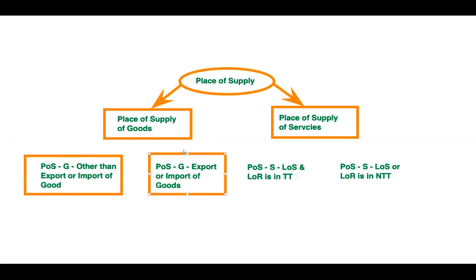So it's all based on the type of the transaction. So place of supply of goods is further classified into two types. That's all.